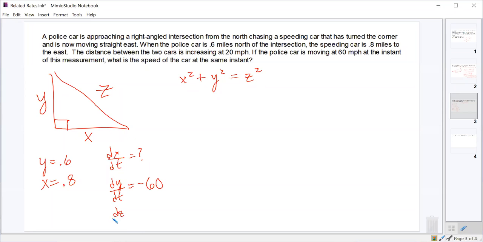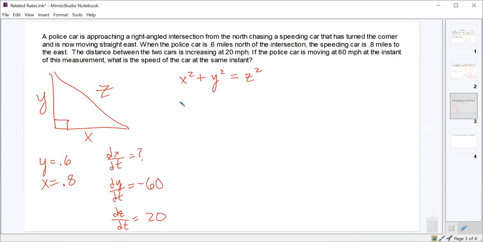And then do we have a dz/dt value? How is z changing? z is changing at 20 miles an hour. In fact, it's increasing, so that one's definitely going to be positive.